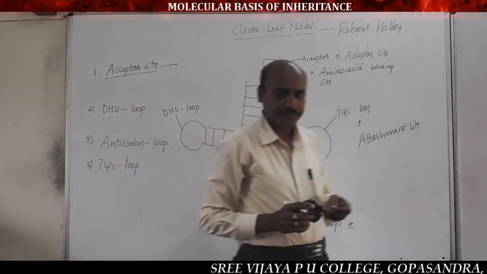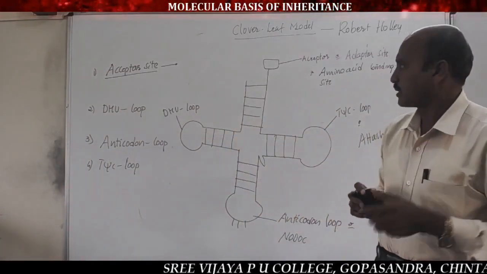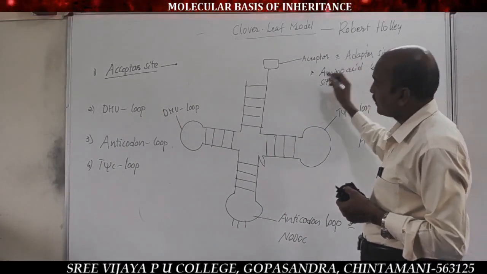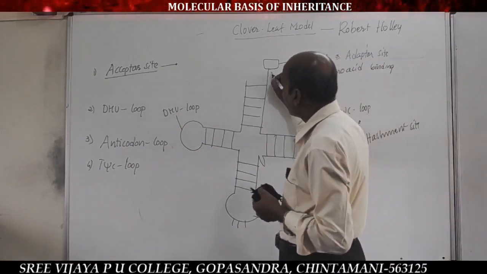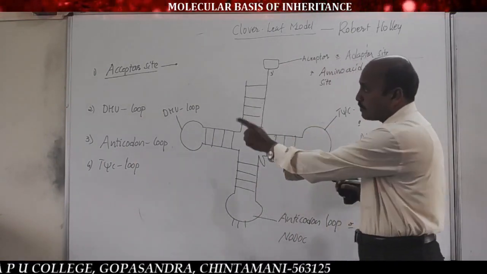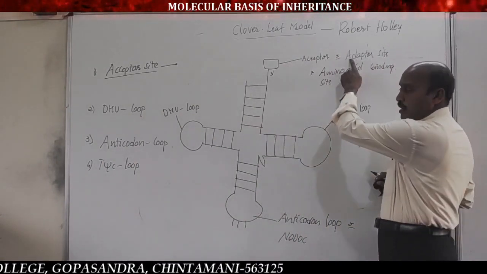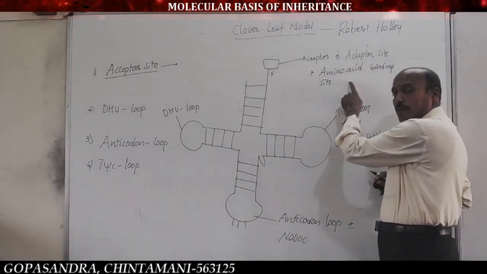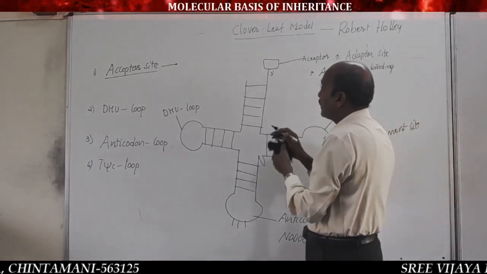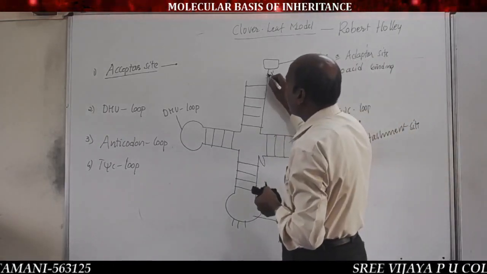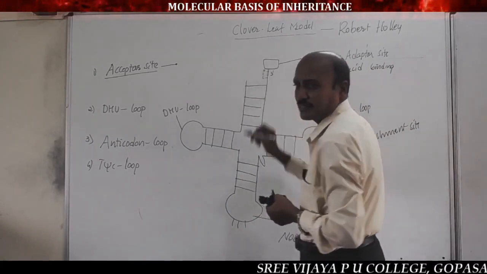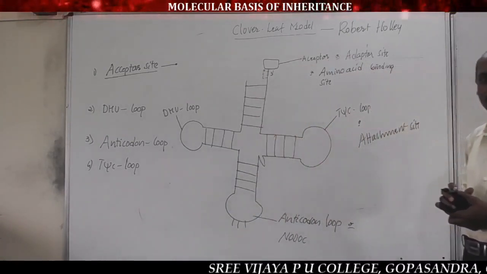Listen here. The acceptor site or amino acid binding site or adapter site is present at the 3' end. Very important. It terminates with CCA nucleotides. Do you remember this statement?